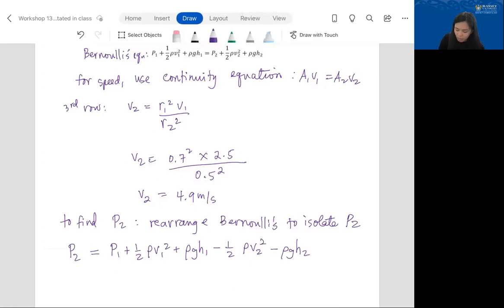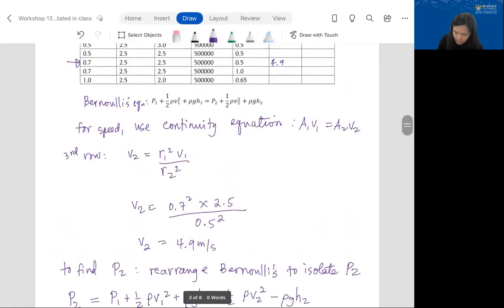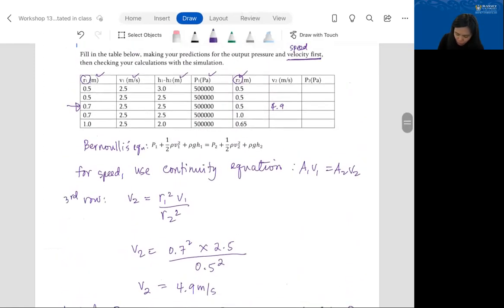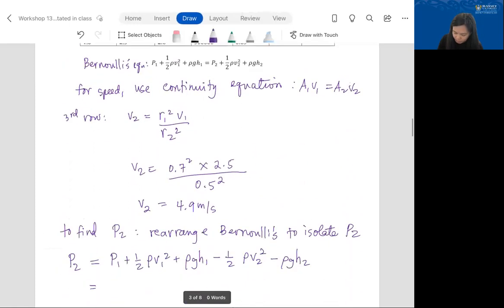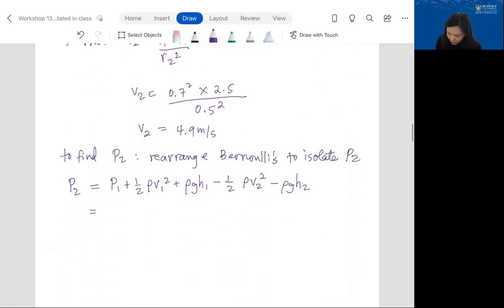We cannot cancel anything out because nothing's the same, at least for the third row that we are considering, but we know everything. So we're given R1, we're given V1, we're given H1 minus H2, and we're given P1. We're not given H1 and H2 individually.